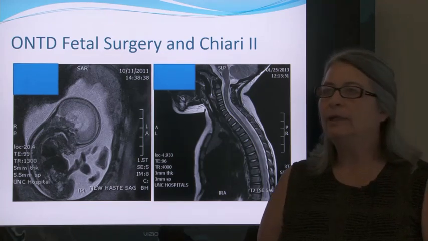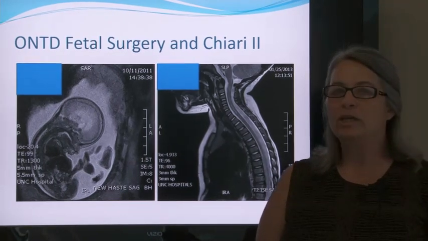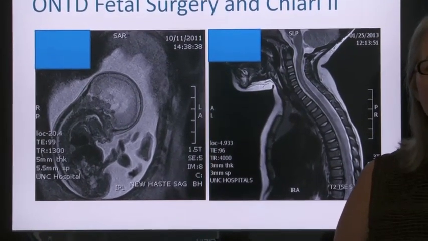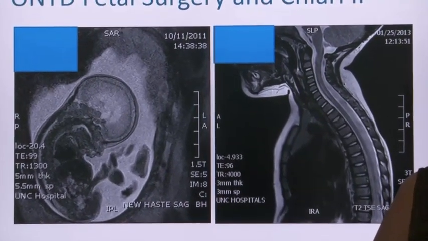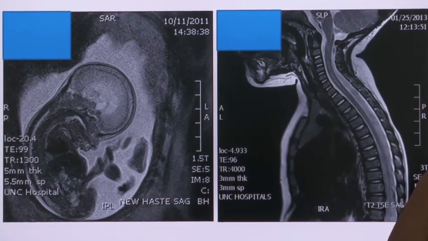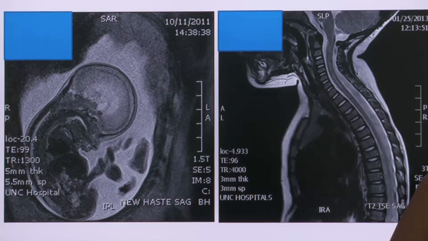Let me tell you a little bit about something that we do here at UNC. We're very proud of this. We offer fetal surgery on fetuses between the gestational age of 22 and 26 weeks gestation. We can go as early as 19 weeks, but we prefer 22 weeks for surgery because their skin is a little bit older at 22 weeks.